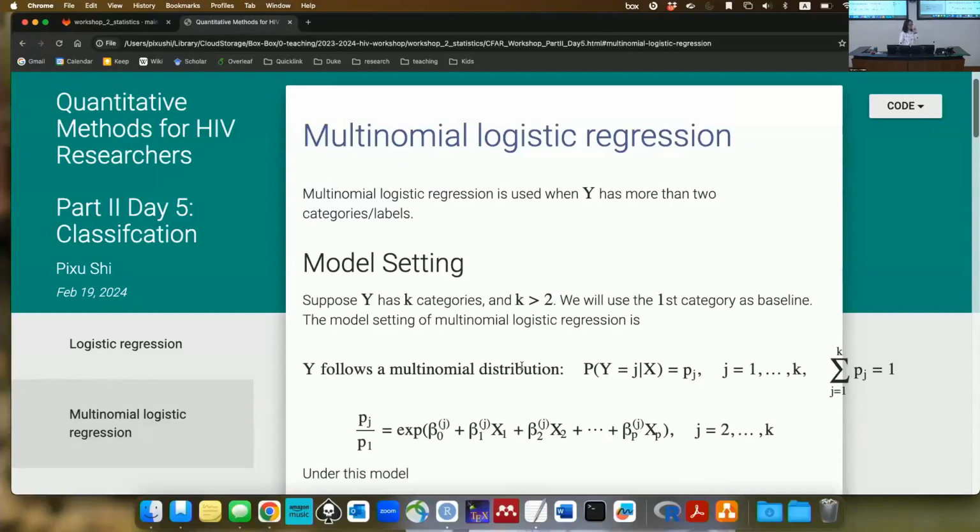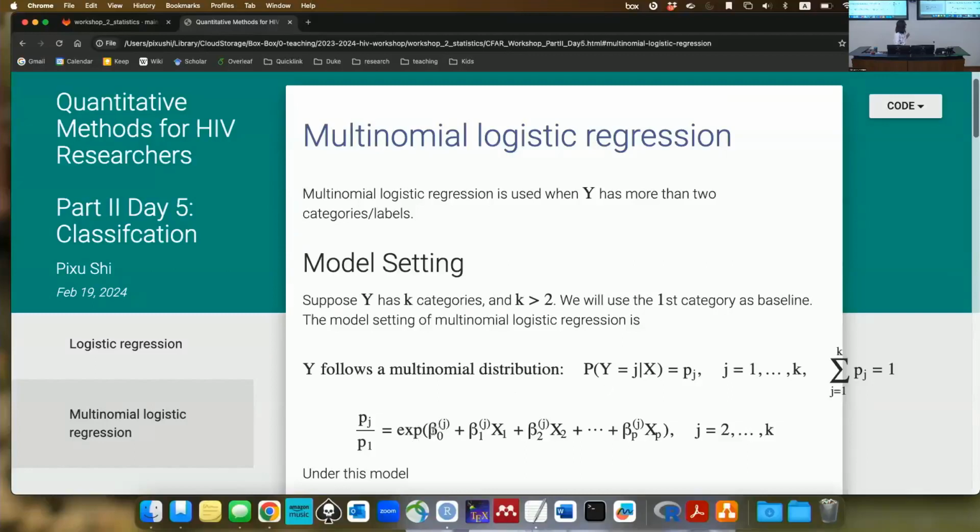And suppose we choose the first category as the baseline. Then you're going to model the probability of each category over the first category. And this is the odds of J over 1, the Jth class over the first class. This odds is modeled using the exponential transformation of this linear equation.